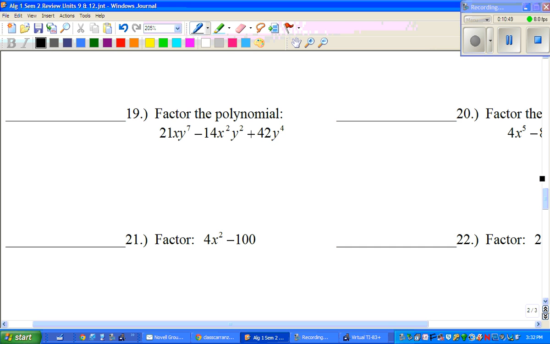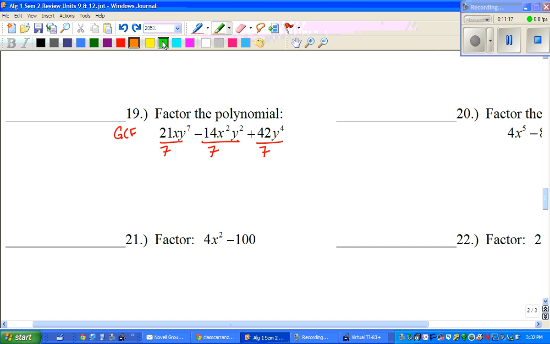All right, our favorite, factoring polynomials. Okay, we always check for GCF. Okay, now 21, 14, and 42, I know for a fact I can take a 7 out of all of those numbers. Okay, now, do they all have x's? No, they don't.